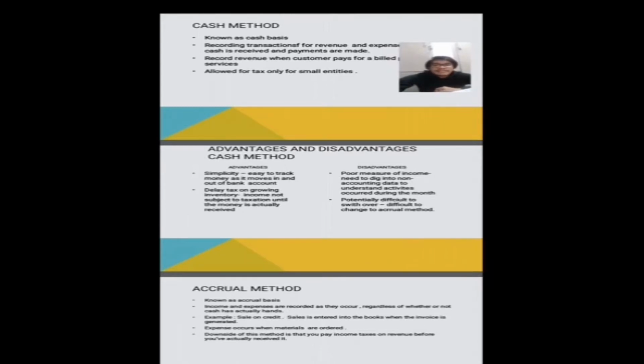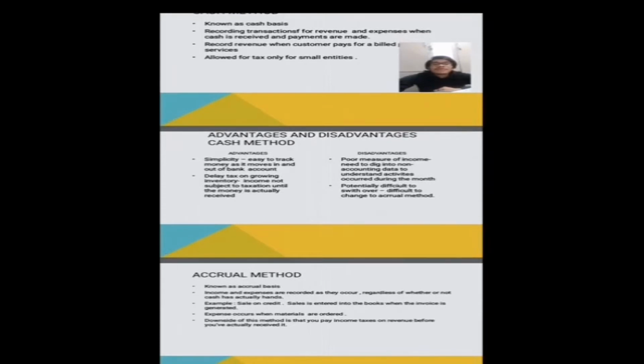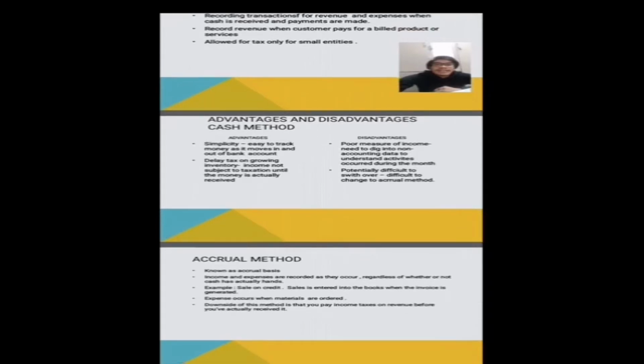The next advantage is delayed tax on growth, which means income is not subjected to taxation until the money is actually received. For the disadvantages of the cash method, the first disadvantage is poor measure of income. So they need to dig into non-accounting data to understand activities that occurred during the month.